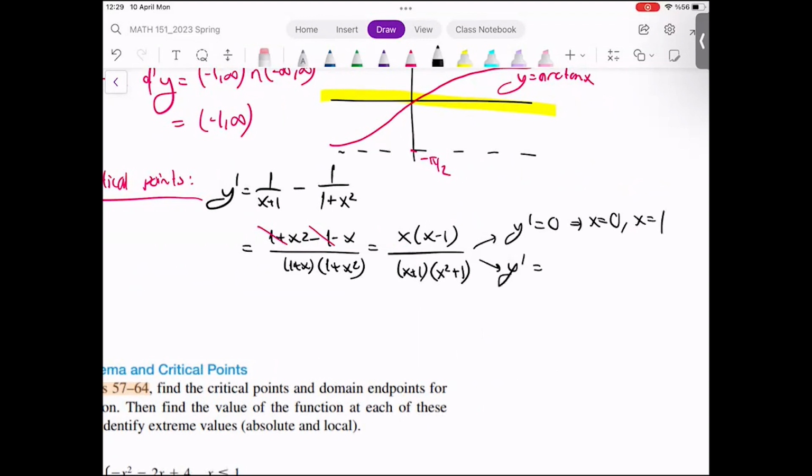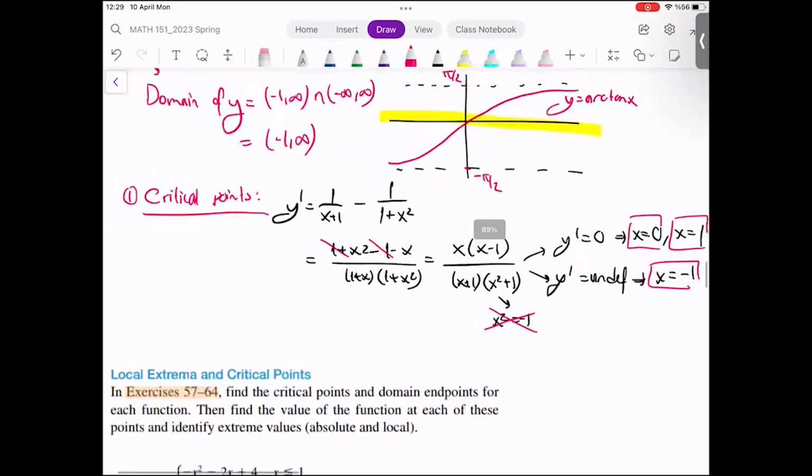It is undefined when x is, look at the denominator, choose the points that make it 0. Minus 1. And from the other factor, since a square can never be minus 1, no point comes from there. Right? Okay. So x is 0, x is 1, x is minus 1. These are the critical points.